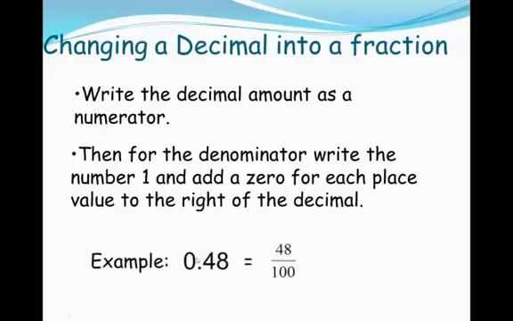Let's have a look at an example of this. So you take the decimal portion of 0.48 and you write that as your numerator. The denominator is simply putting a 1 with a number of zeros being the number of places in your decimal. So here you have 2 places, so therefore you add 2 zeros.